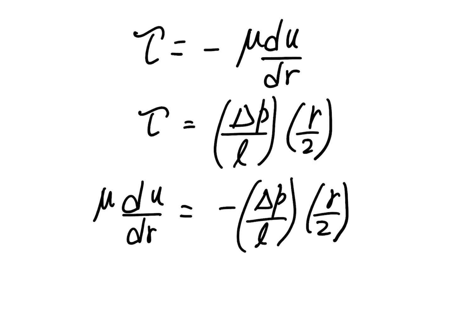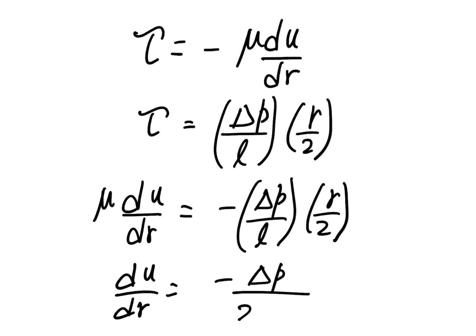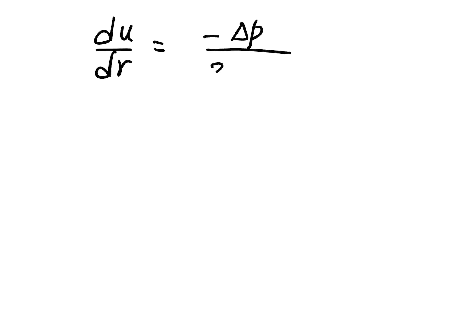Or I can write this compactly: du by dr is minus delta p divided by 2 mu L times r.